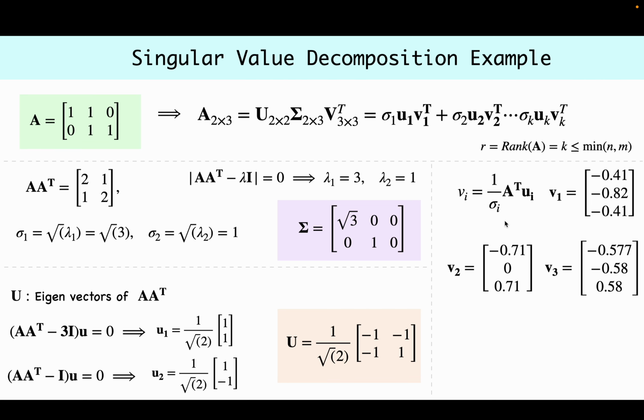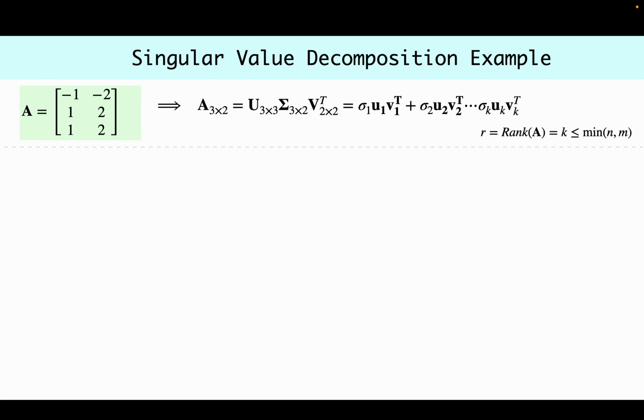Because all these eigenvectors are orthogonal, when you multiply by u1 on the left and right side, all other terms will become 0 except this term. In this way we can nicely send these vectors to the other side and compute the vi values. So v1 is as follows, v2, v3 as follows, and we get the final V matrix. In this way we compute singular values for any rectangular matrix.